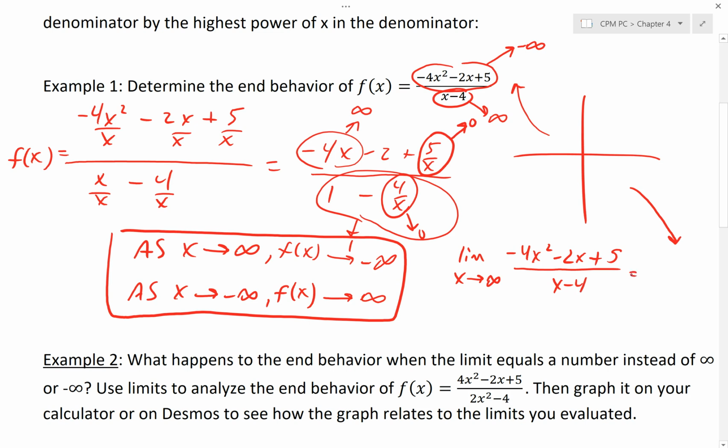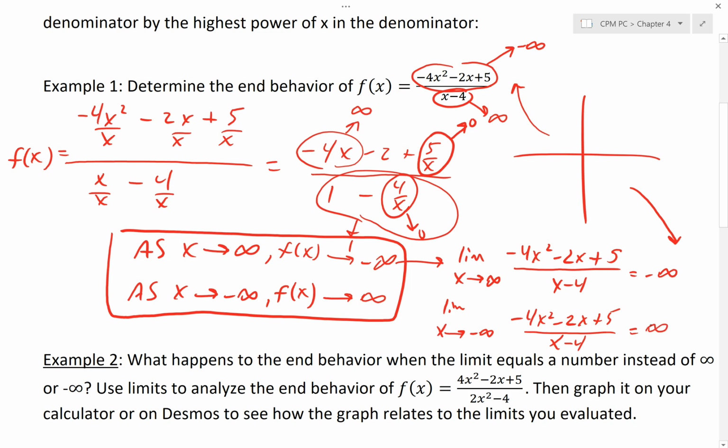And so we said that that limit is equal to negative infinity. That was from here. And then the limit as x approaches negative infinity of negative 4x squared minus 2x plus 5 over x minus 4 equals positive infinity.